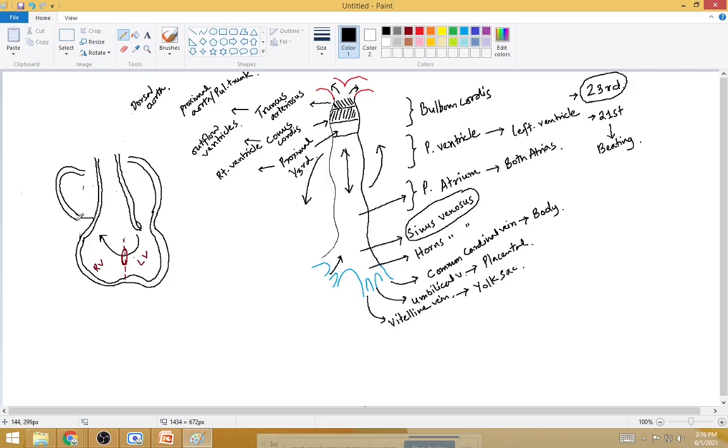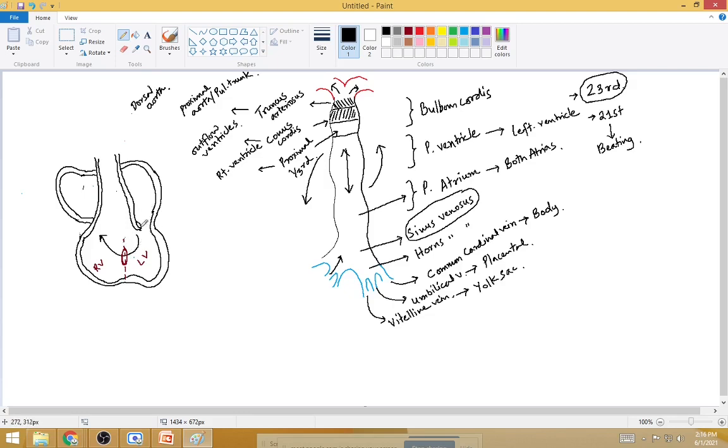Both the atria from the posterior aspect are projecting into it. So these are the two atria projecting from the posterior aspect. This is the interventricular canal. Now you see the left ventricle is only in communication with the atria. Which atria? The left atria.